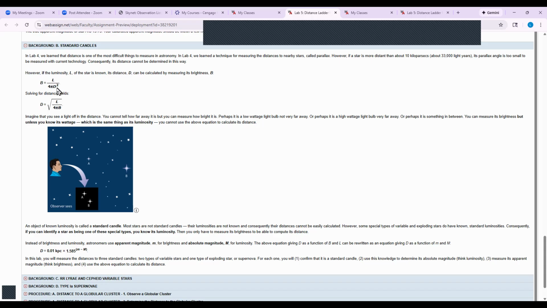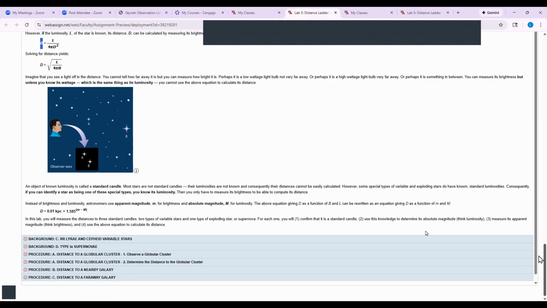Therefore, we have two things. One is apparent magnitude, which is shown by brightness, and one is actual magnitude, which is shown by L, luminosity. One of them we call luminosity, which is close to the absolute magnitude, and B is the brightness or apparent magnitude.